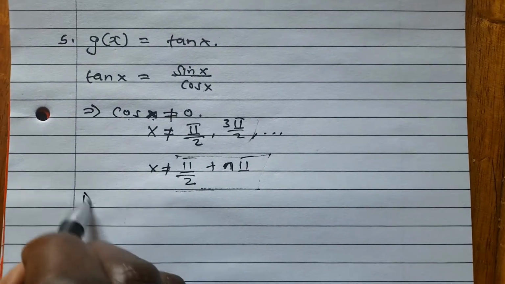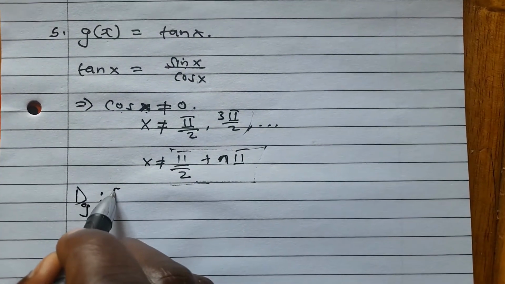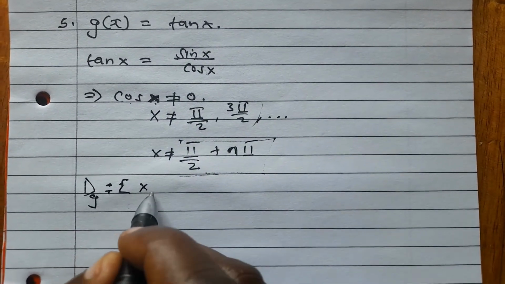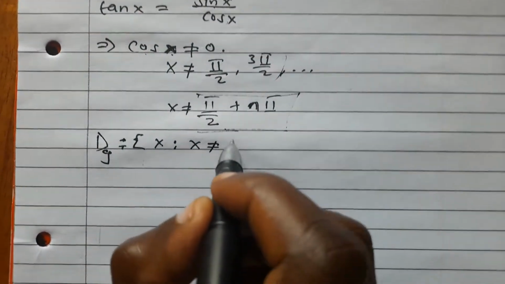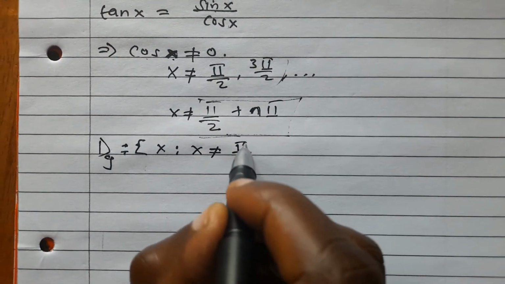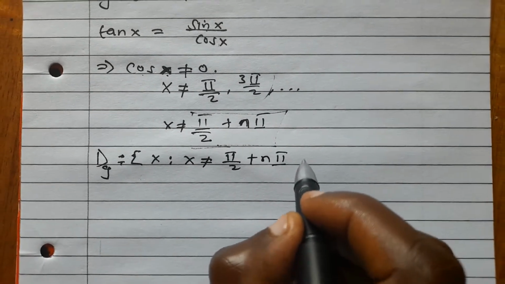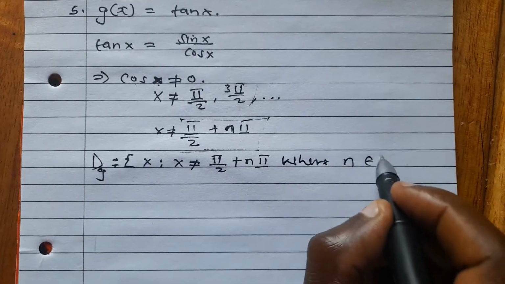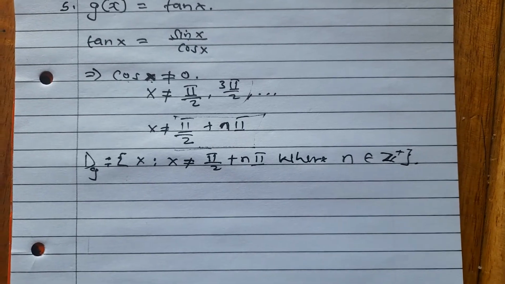So the domain of this function g is the set of x values such that x is not equal to pi over 2 plus n pi, where n is an integer.